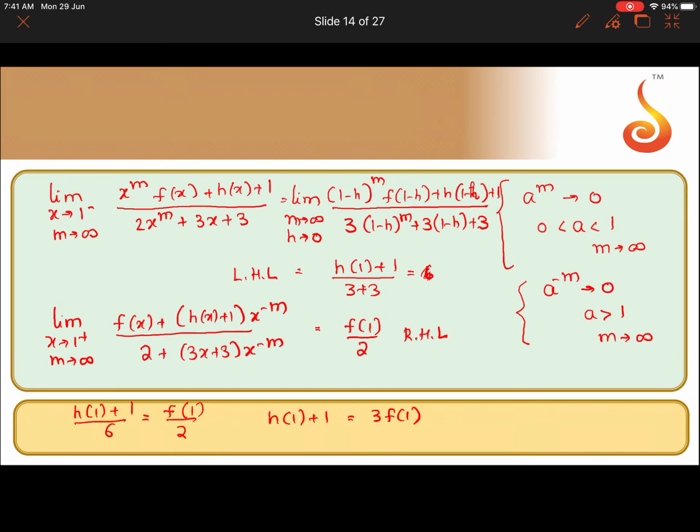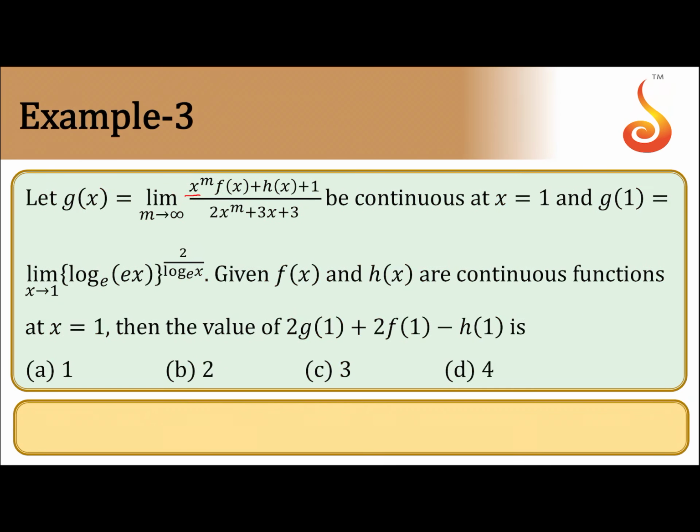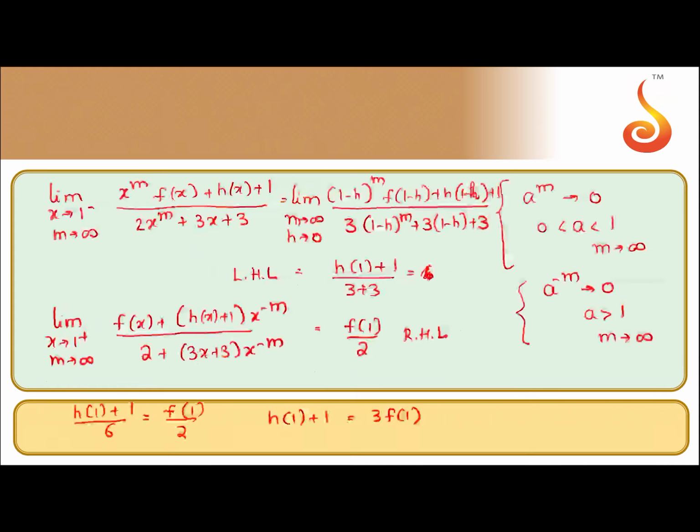Now we come to the next part. What they gave? The value of the function. So the value of the function we have to calculate now. So the value of the function means g of 1. g of 1 they gave as limit x tending to 1, which you have to solve, (log base e of x) to the power 2 by log base e of x.